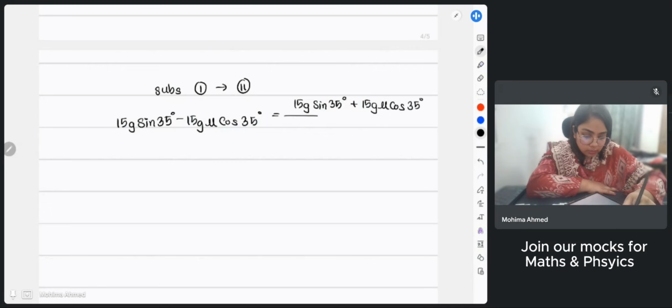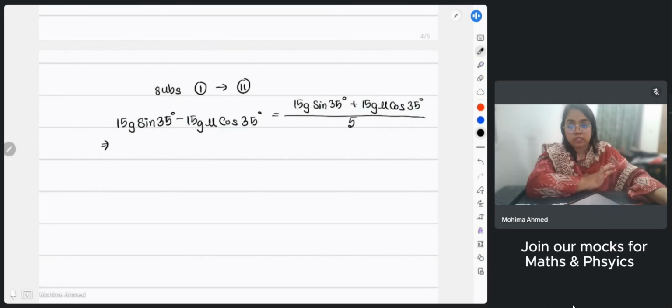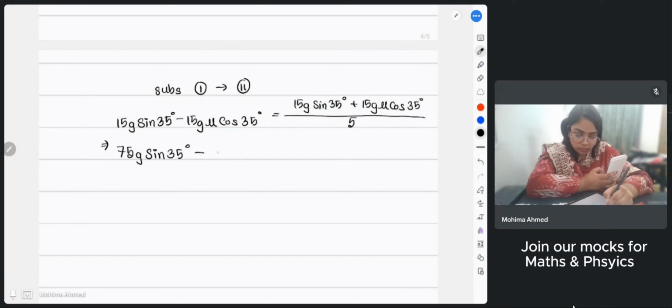And I'm obviously going to take that 5 from the right hand side to the left hand side. So everything on the left hand side will be multiplied by 5. So 15 multiplied by 5 becomes 75. So this is 75g sine 35 degree minus 75g mu cos 35 degree equals 15g sine 35 and 15g mu cos 35.